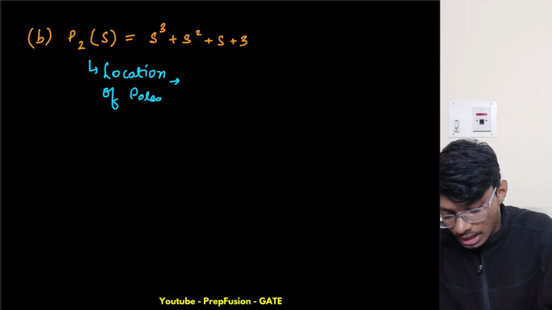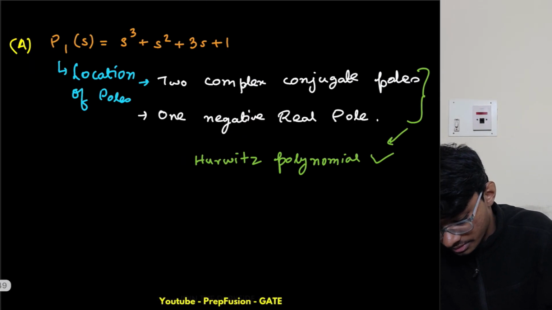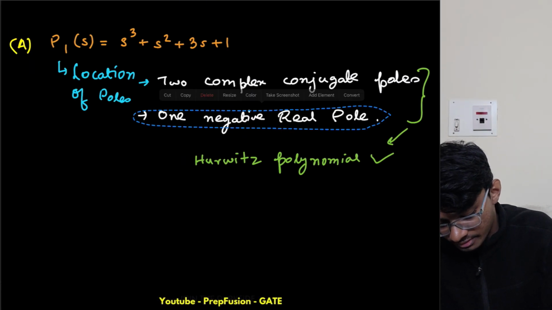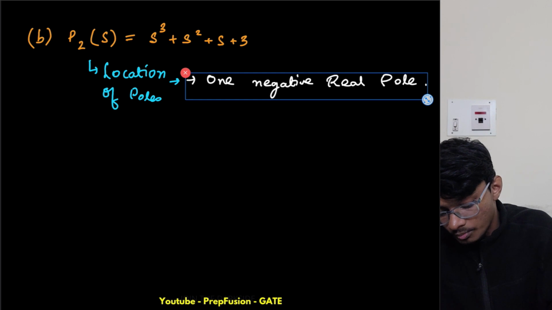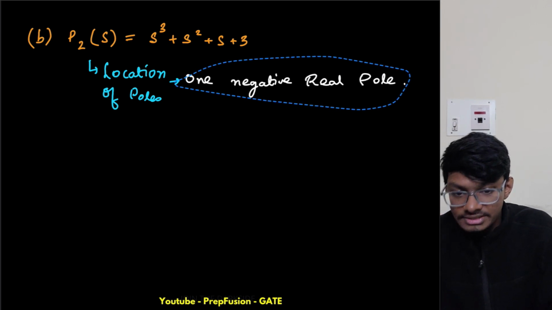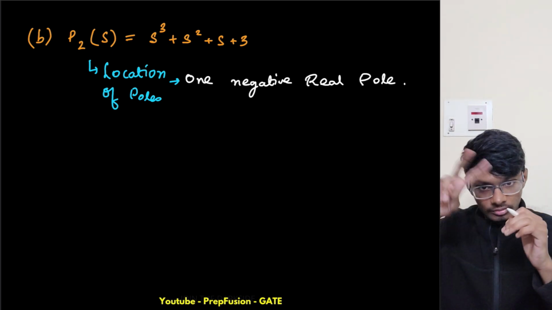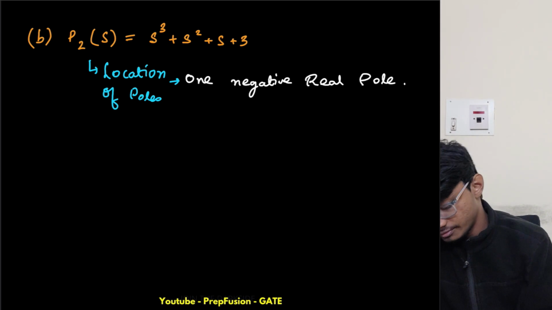I will still have 1 negative real pole, but what will happen to my complex conjugate poles? They will go from the left hand side to the right hand side. They will still be complex conjugate, but they will be on the right hand side.